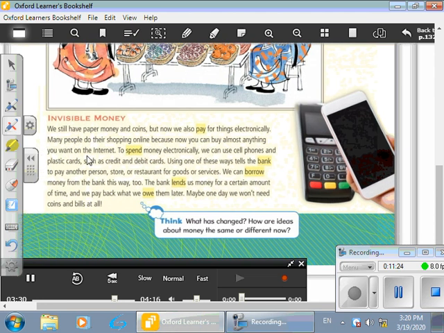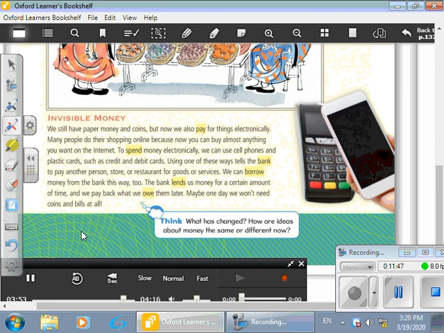Invisible money. We still have paper money and coins, but now we also pay for things electronically. Many people do their shopping online because now you can buy almost anything you want on the internet. To spend money electronically, we can use cell phones and plastic cards such as credit and debit cards.